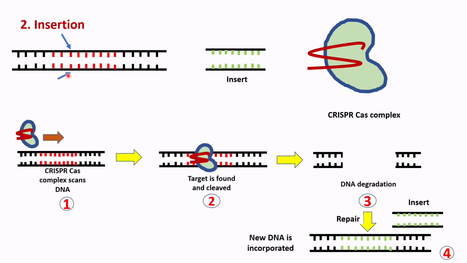Here, CRISPR-Cas complex finds the target site and cuts it out. The cell tries to repair the broken DNA. At this point, a new DNA sequence can be inserted, and this DNA is incorporated into the genome. So insertion is done.